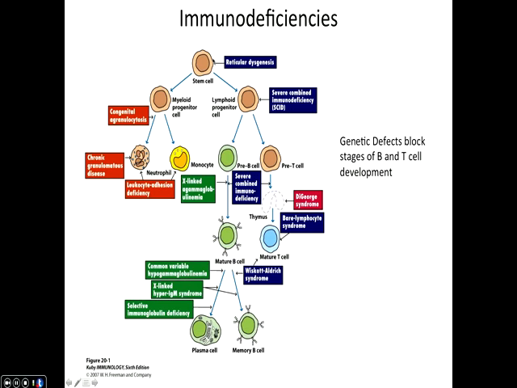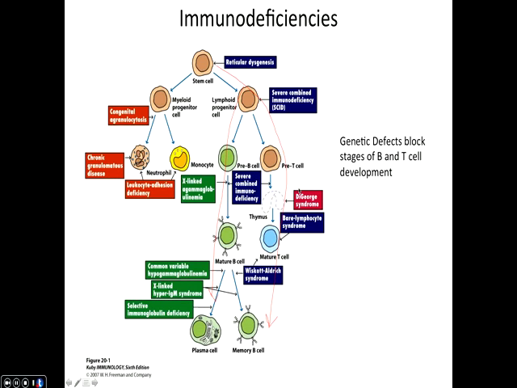This slide should look familiar to you because we're looking at stem cells and then maturation or activation of B cells and T cells. So B cells on this side, T cells over here. This chart is linked to all of these different diseases and the stages of development that those diseases affect.